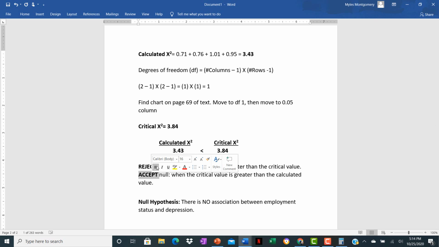We know that the critical value is greater than the calculated, because the value we found on the chart, 3.84, is greater than the calculated value we found with the math, 3.43. So we're going to accept the null hypothesis.